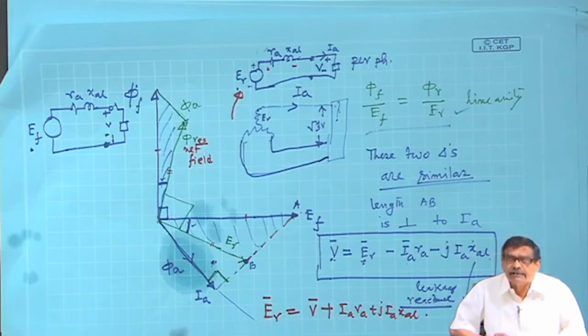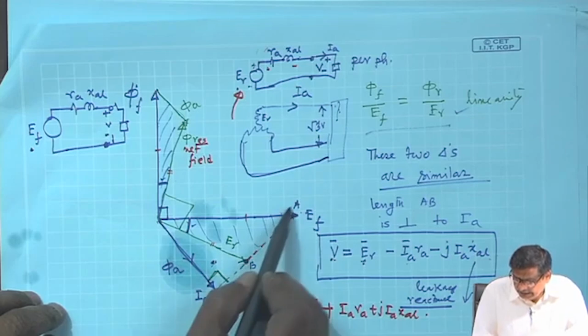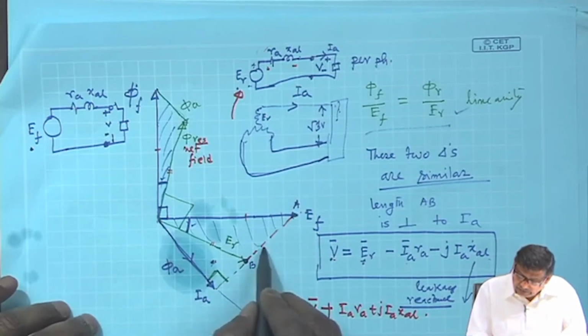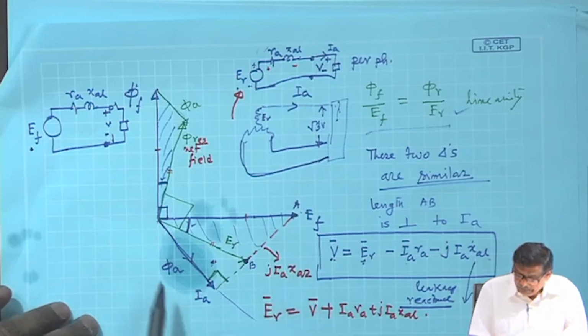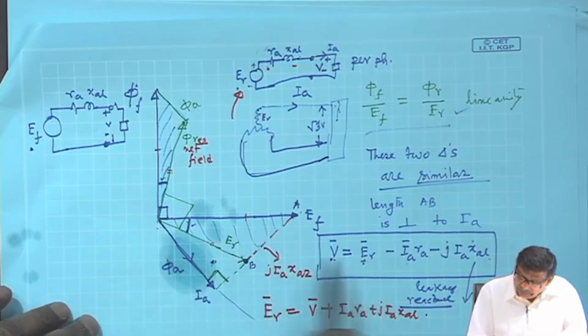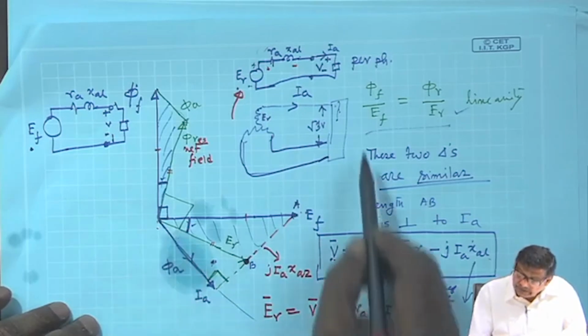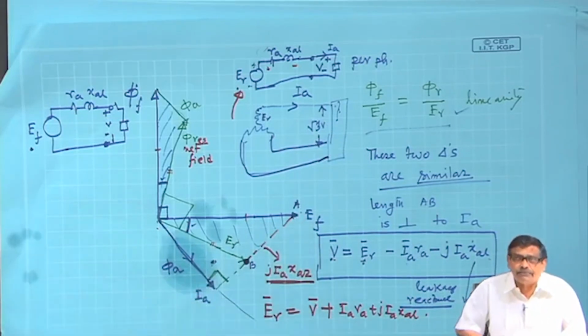Although that reactance physically is not there, I can always think that this change in voltage may be attributed to some reactance voltage drop, which I will call I A X A R. So, E R is there, and to E R, if you add this reactance voltage drop, you will get back E F.